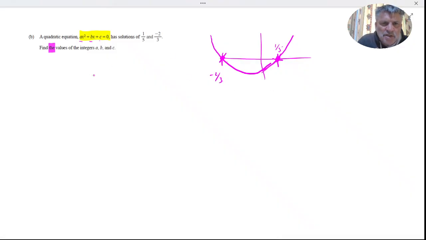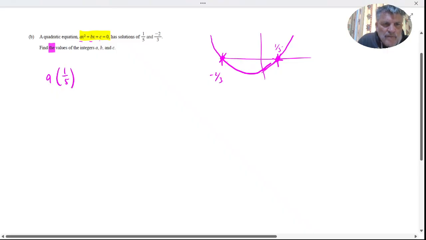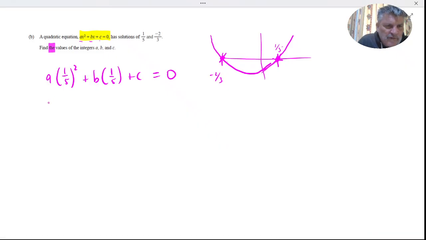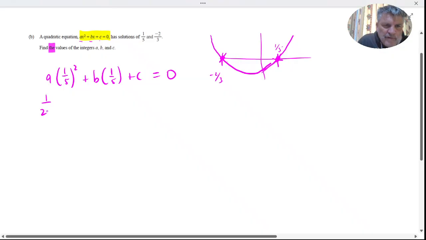So if you tried to do this the same way, for example, if we said x is 1/5, a times 1/5 squared plus b times 1/5 plus c equals 0, and now we can multiply that out, so that's 1/25 a plus 1/5 b plus c equals 0.